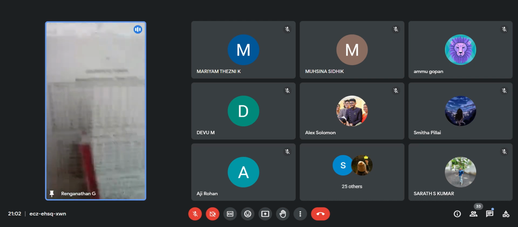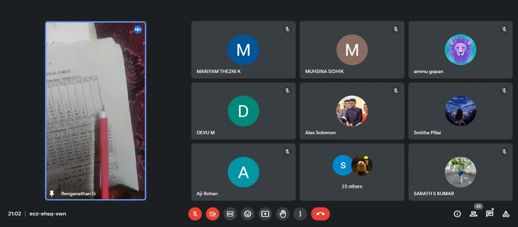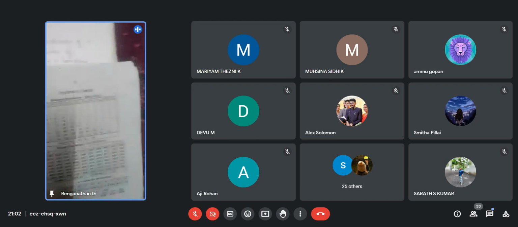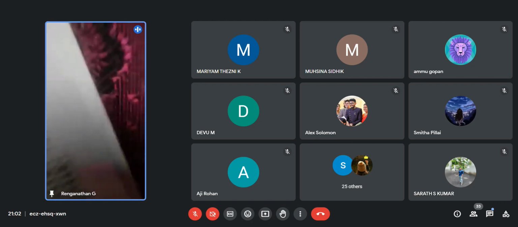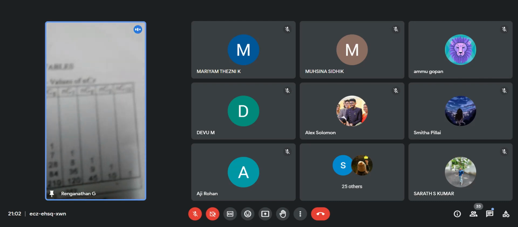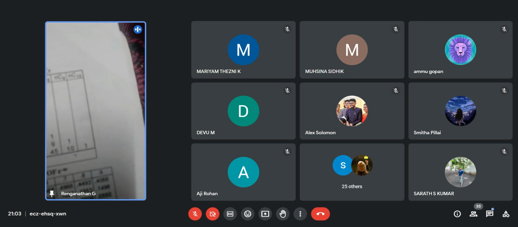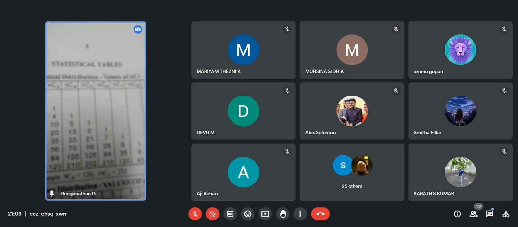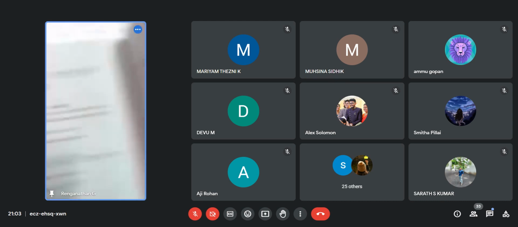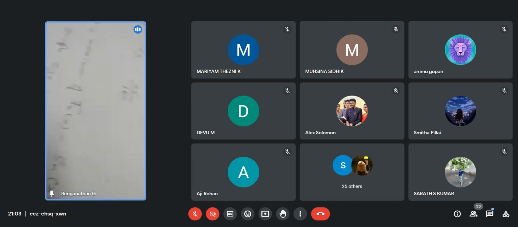The table looks like this, but all the elements are not here in this table. There is one more table. In the binomial probability distribution table there will be three elements. One is probability. Since the table is not here, I am just explaining how it appears.